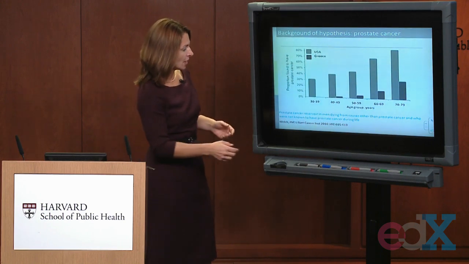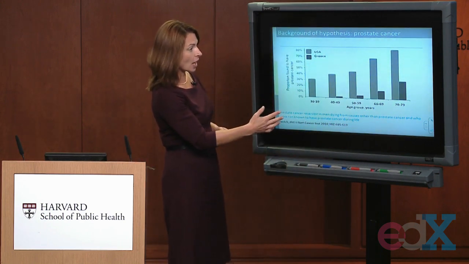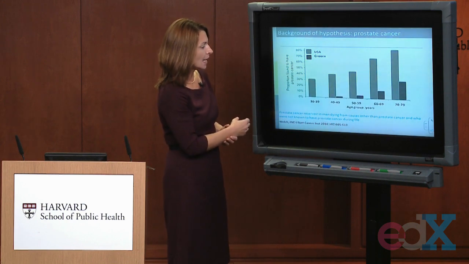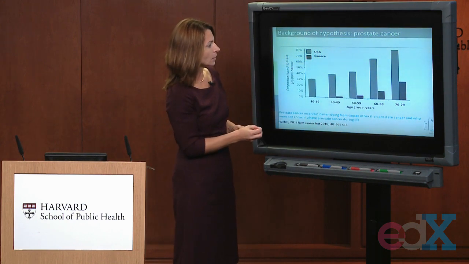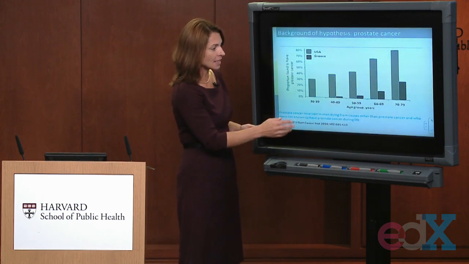And the reason for this is the fact that many men have prostate cancer. This figure here is a study of men who died of other causes, so it was an autopsy study. The pathologist looked at the prostates of these men, who had died of other causes.